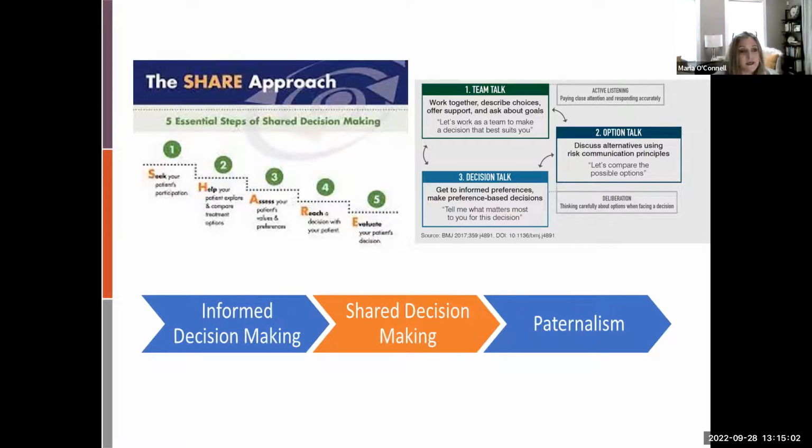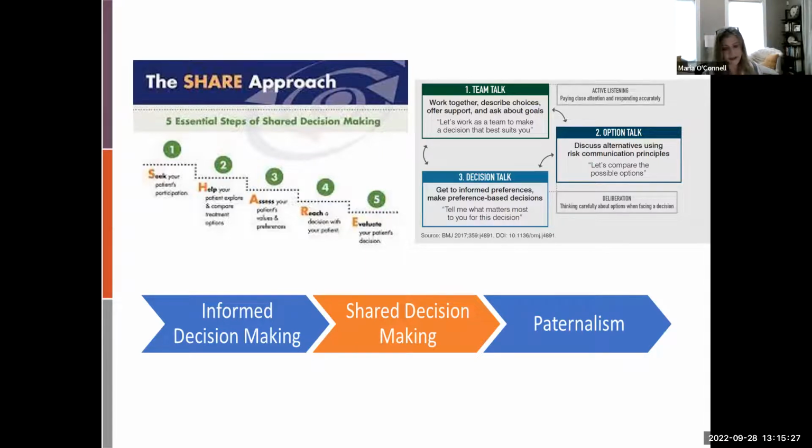First is to seek your patient's participation. Second, help them explore and compare the treatment options. Third, you assess your patient's beliefs or values and preferences. Fourth, you reach a decision. And fifth, you evaluate that decision. Sounds pretty simple and straightforward, right?